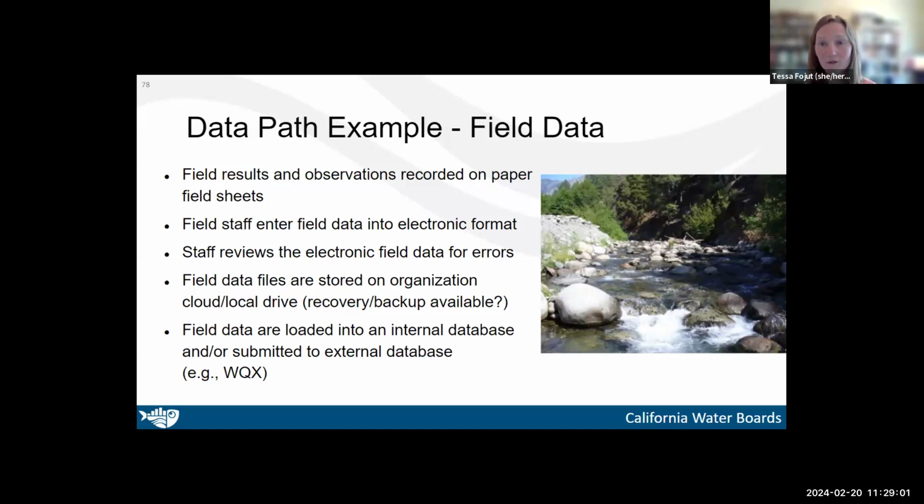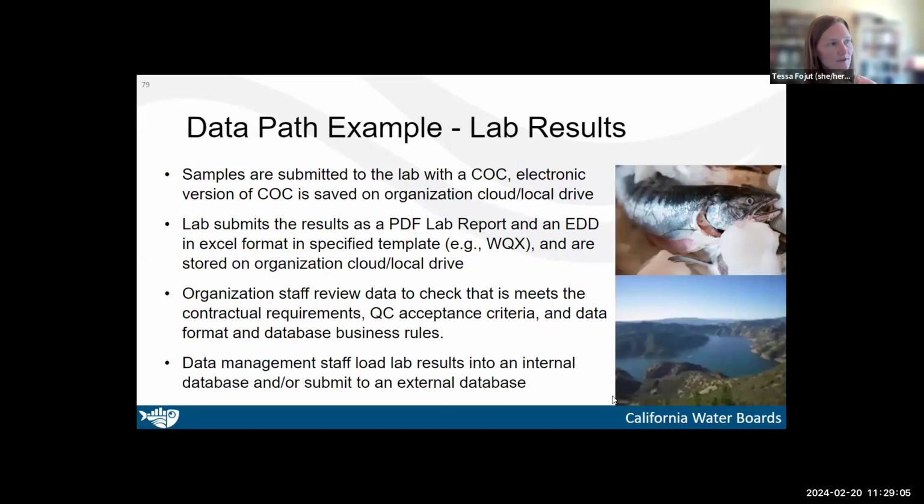You would just want to lay out all those steps. So that's field data. And then similar for lab results: your samples are submitted to a lab with that chain of custody form. Maybe you save an electronic version of that, even just a photo or something, so you have a record. The lab will give you results. You need to save that somewhere.